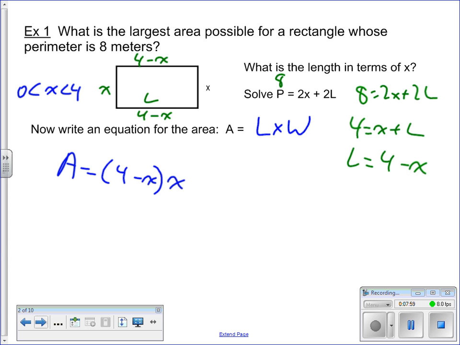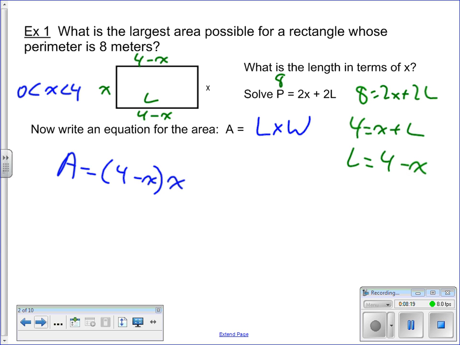Anything else is outside my realm of possibilities. I can't have x be less than 0, because I'd get a negative width, and if it's larger than 4, I get a negative length. That's not okay either.